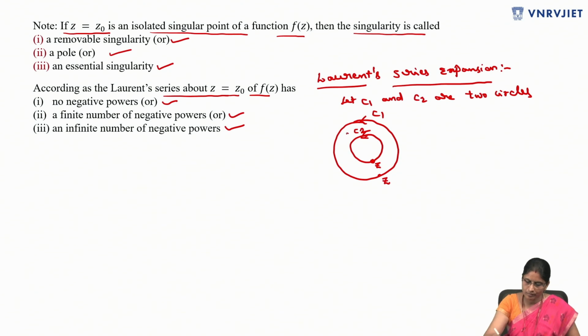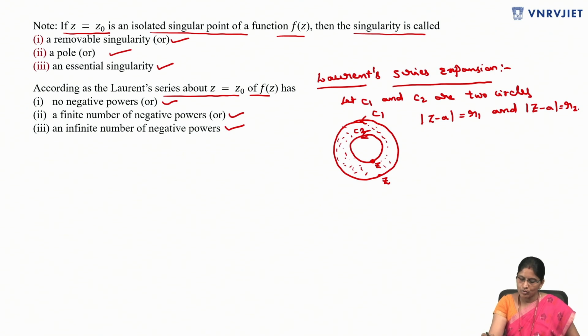The two circles have radii given by mod of z minus a equal to r1, and mod of z minus a equal to r2, so two different circles with radii r1 and r2.